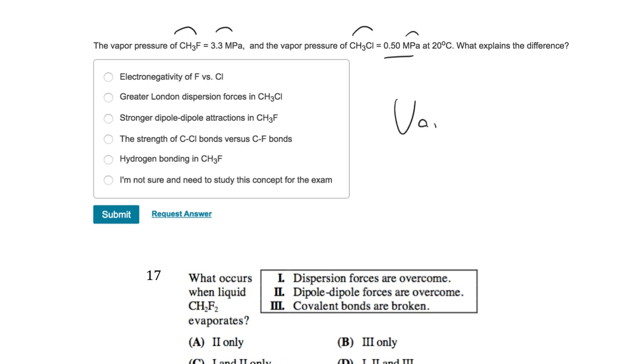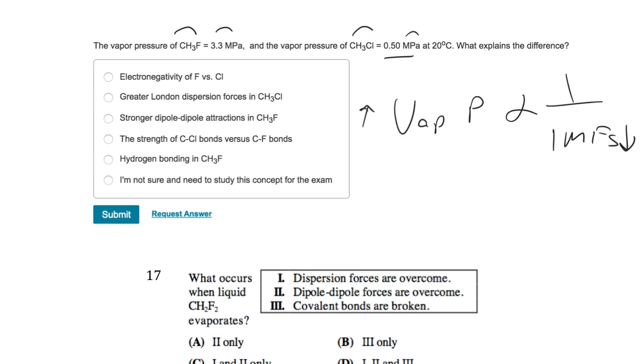If we think about vapor pressure, what makes vapor pressure higher is weaker intermolecular forces. This is inversely proportional to intermolecular forces. So if we weaken the intermolecular force, you make it easier for a particle to escape into the gas phase, which gives that substance a greater vapor pressure. Vapor pressure was the one property we talked about in chapter 11 that had an inverse relationship to strengths of intermolecular forces.